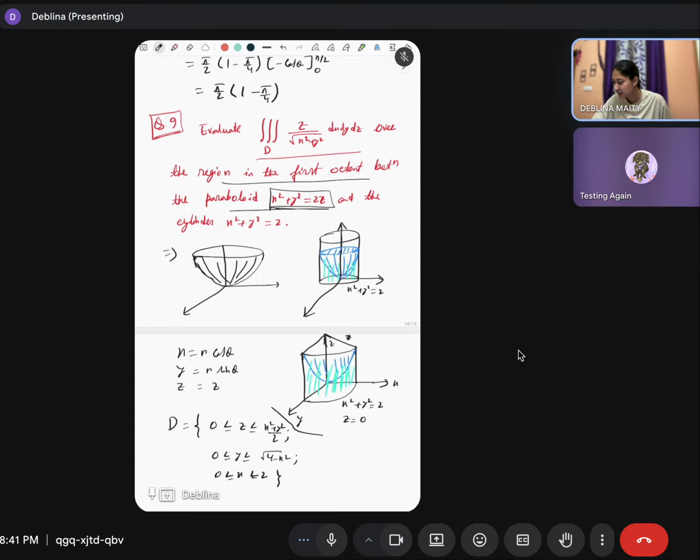It was x square plus y square equals to 4, right? Yes. Then y is less than or equal to root of 4 minus x square. Okay, I'll check the question one second.